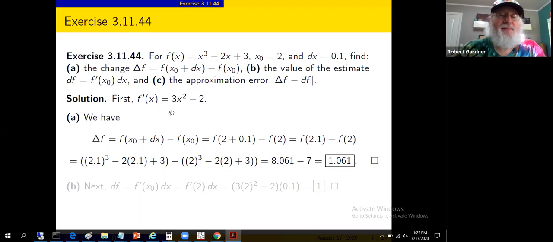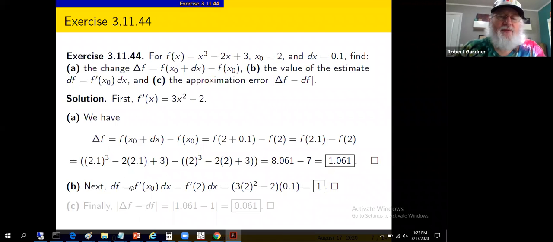What's the estimated change? What's the differential df? Well, df is f prime of x sub 0 dx. x sub 0 is 2. dx is 0.1. f prime of 2 would be 3 times 2 squared minus 2. There's f prime from upstairs. So there's f prime of 2. dx is 0.1. I do the arithmetic and we get 1.